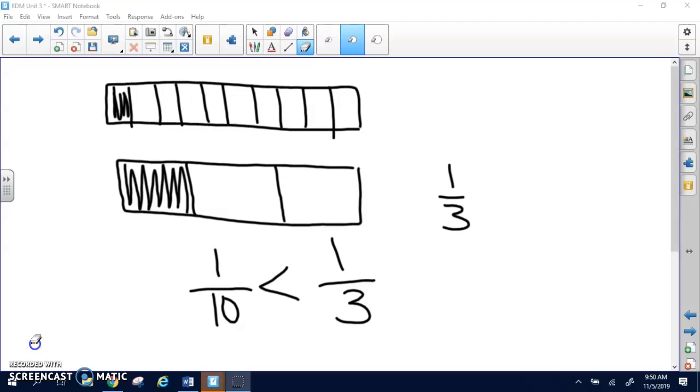And then one more thought about this. Let's say I have 7/10 and 2/3. Okay. Without seeing me draw this, how could you explain which is greater? Just knowing the number of the denominator. Yes, ma'am.